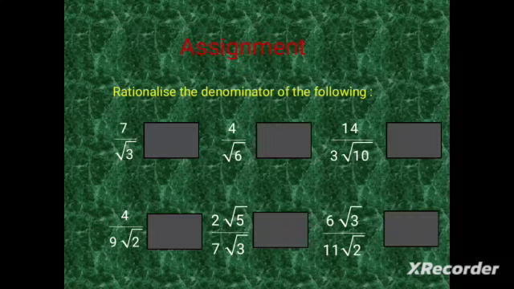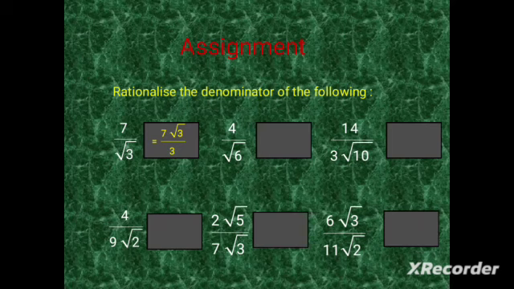Now let's take a few assignments before we move to our third rule. We are going to rationalize the denominator in each of the following cases. Now we have 7 over root 3. If you do that very well, you get 7 root 3 over 3. Number 2, 4 over root 6.